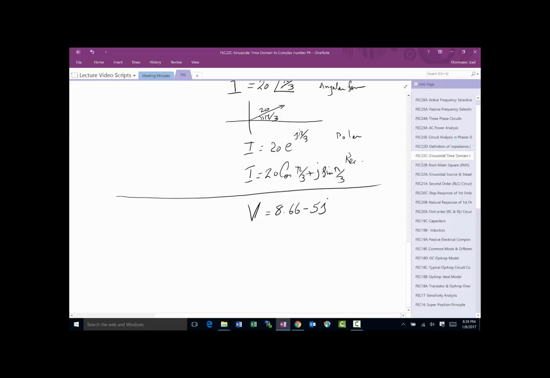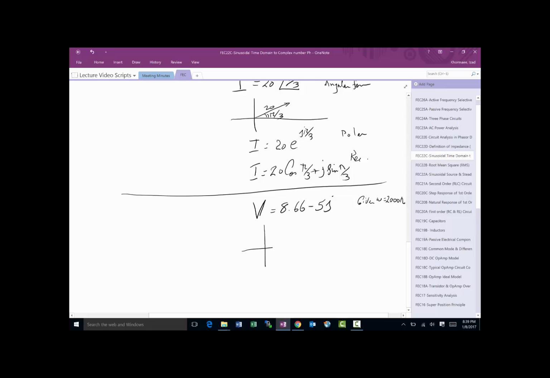And they ask you, write this in all the forms, draw the phasor diagram, and then given omega equal to 2000 pi, write the time domain version of this. So that's easy. If I want to draw the phasor diagram, the imaginary portion is negative, so I got a minus 5 here. The real portion is 8.66, so my vector is this.